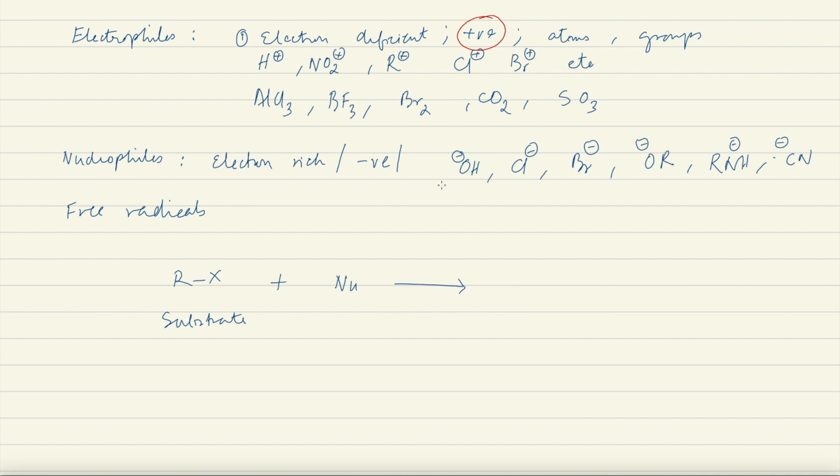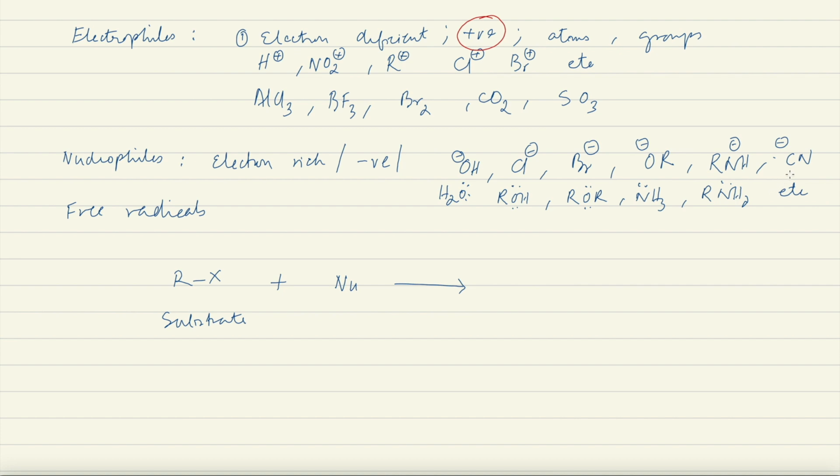Then you can also have neutral molecules like water with lone pairs of electrons, alcohols with lone pairs of electrons, and then ether, ammonia, amines, primary amines, secondary amines, and so on. So all these can be nucleophiles.